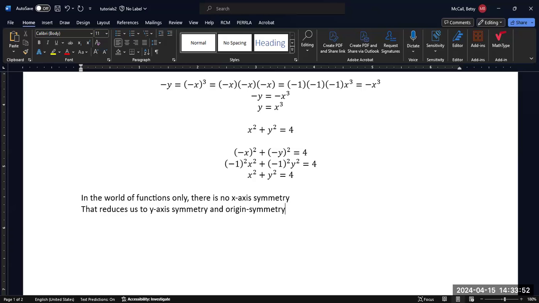And only origin symmetry that was independently origin symmetry and not because it's x and y combinations.